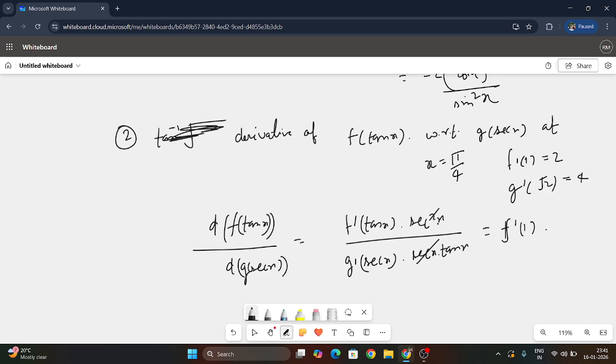Cos pi by 4 is 1 by root 2, so sec pi by 4 is root 2, and tan pi by 4 is 1. So f'(1) is 2, multiplied by root 2, and g' is going to be 4. If you solve it, you will get root 2 by 2, which means 1 by root 2. So 1 by root 2 is the answer of this question.